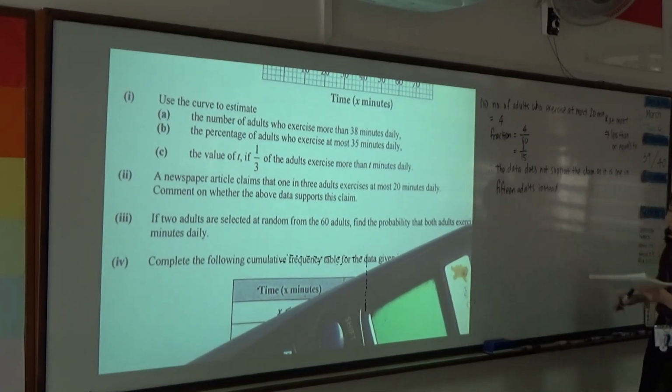So the fraction is actually 1 in 15 instead of 1 in 3. Yes, you can do it the other way around. Okay, I was thinking about it, so give me a minute.